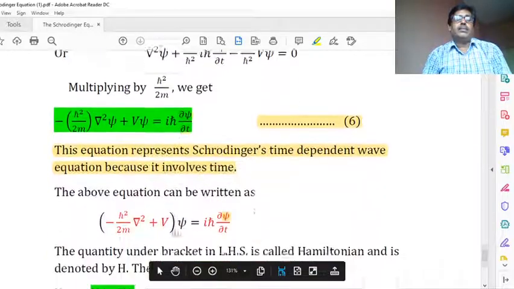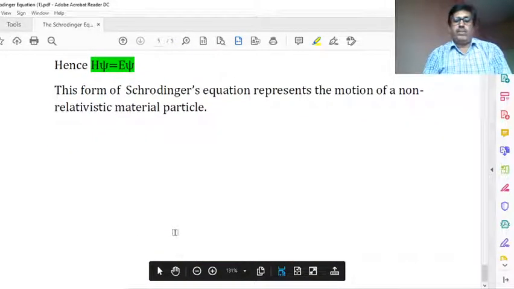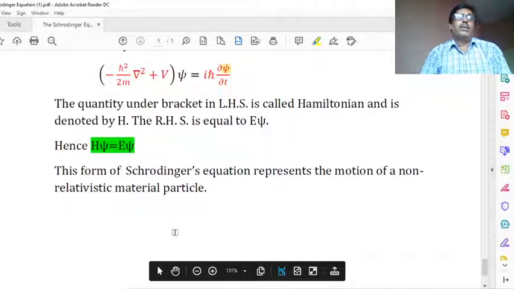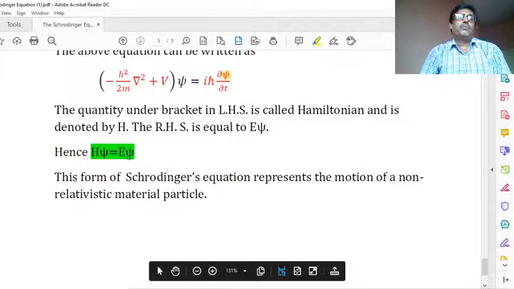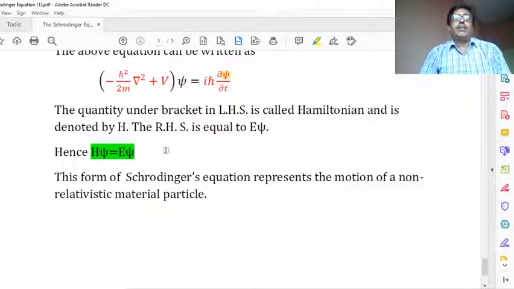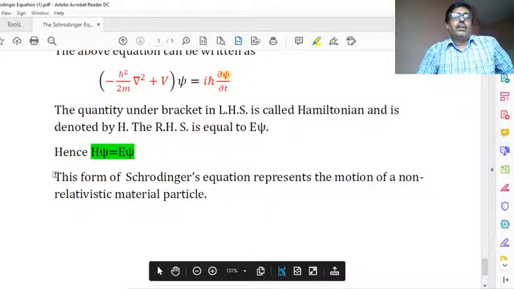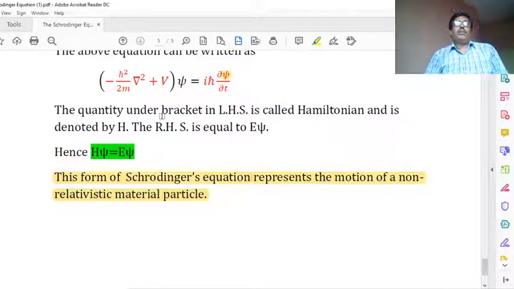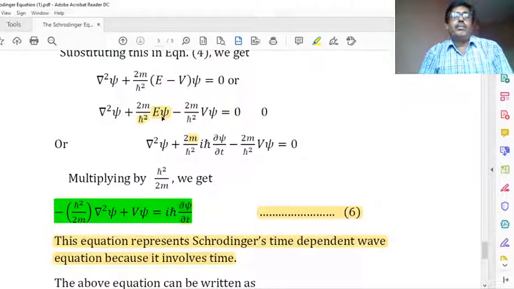Equations 4 and 6 are the most important and most popular. This other form is also used, and it represents the motion of a non-relativistic material particle. See here, this form of Schrodinger equation represents the motion of a non-relativistic material particle. Okay, so I hope you have understood this video.